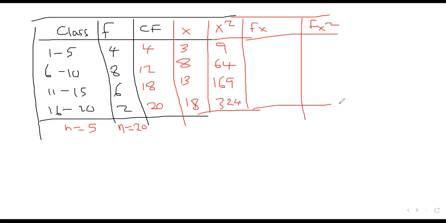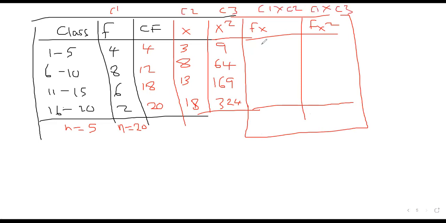In this case, you just multiply the frequencies with the x's that we had here. So column 1, column 2, column 3. Here is column 1 times column 2, column 1 times column 3. What is 4 times 3? 12. Again, 4 times 9, 36. The mistake people make, they want to square these to get this answer. You just do it individually. 8 times 8, 64.